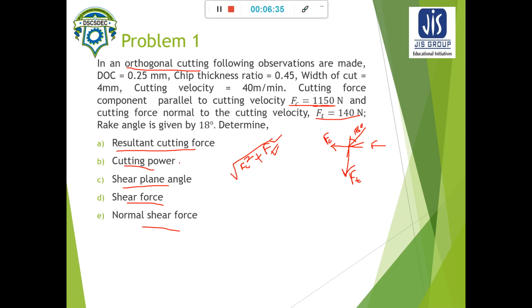Again, for cutting power, power can be treated as Fc into V. Why am I giving this equation? Because we know power is equal to work done per second, and work done can be written as force into displacement.